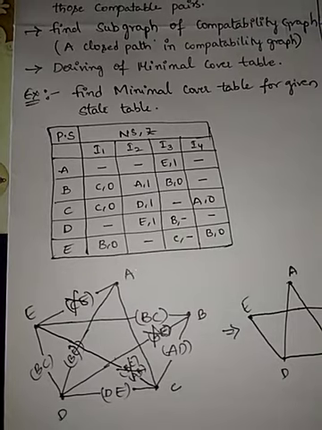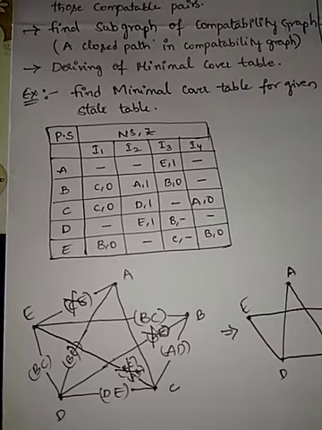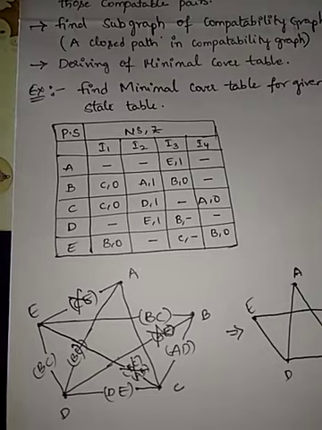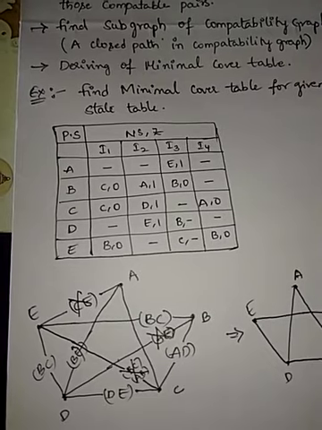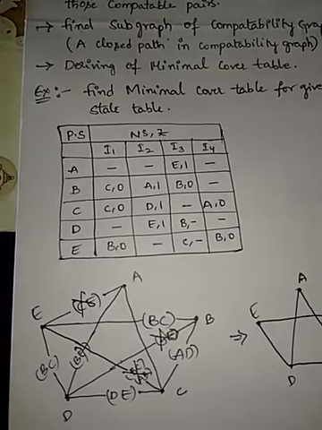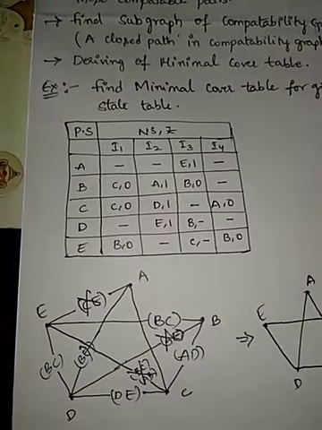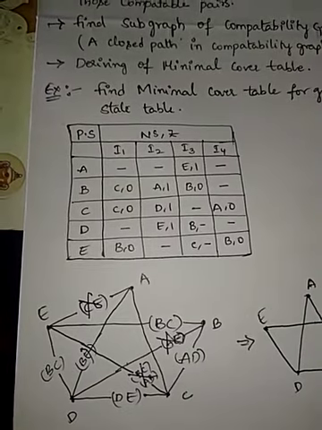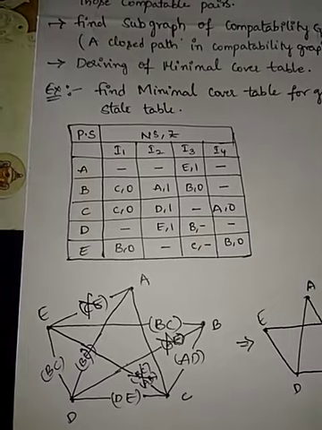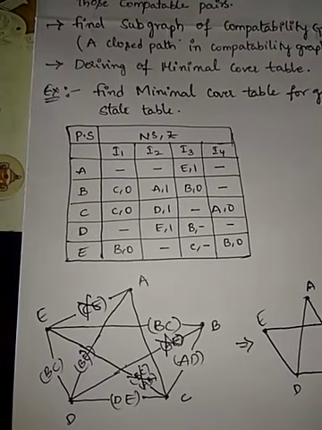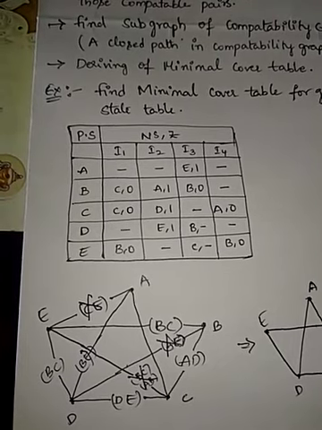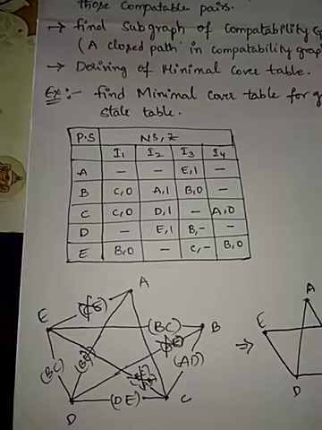A and D is compatible only when BE is compatible. Why? Because BE is written in between the line of AD. That means AD is purely depending on BE, right? That's why you need to draw an arrow mark from AD towards BE. It means that AD is depending on BE.